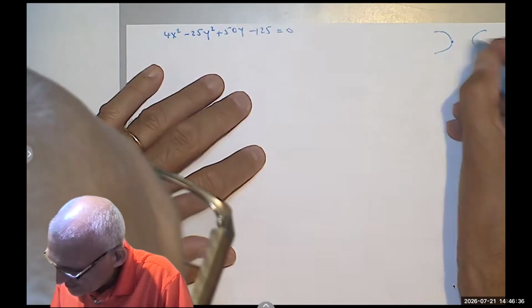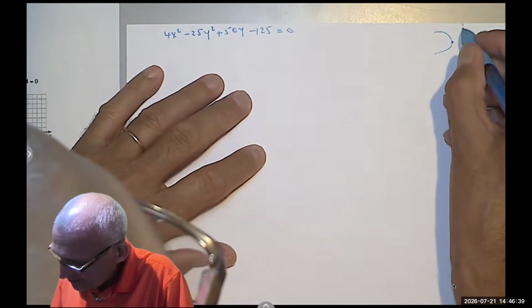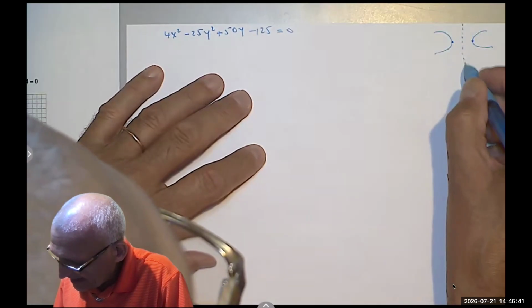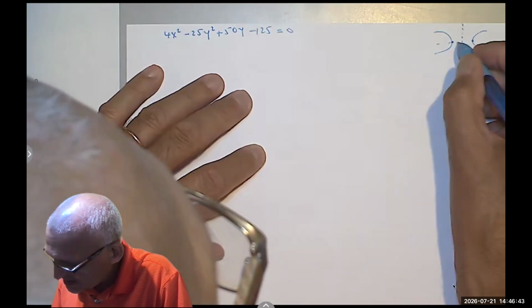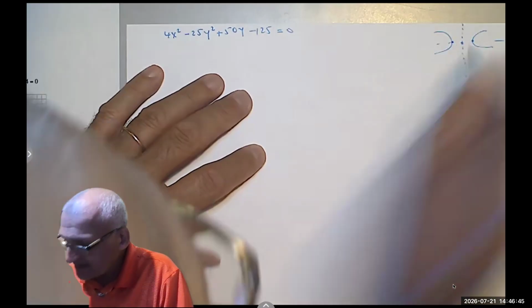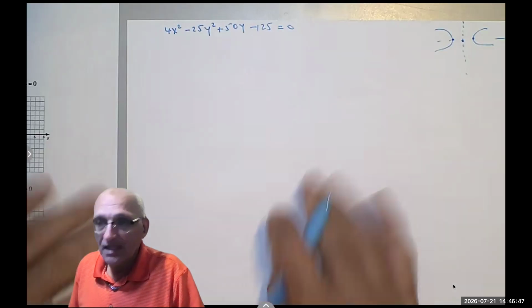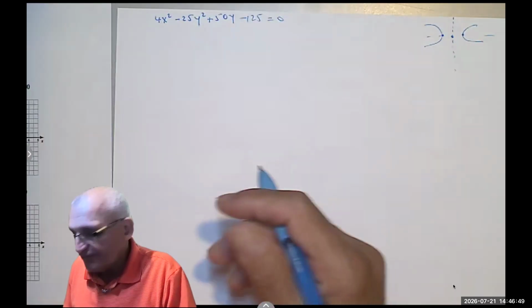If you find the vertices, then the midpoint will have two axes of symmetry, and this point would be the center. We'll see how we find those.